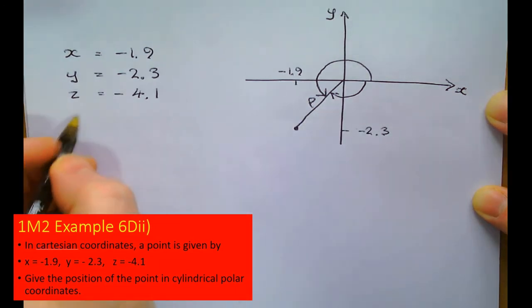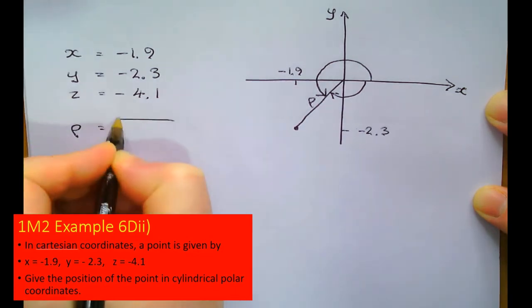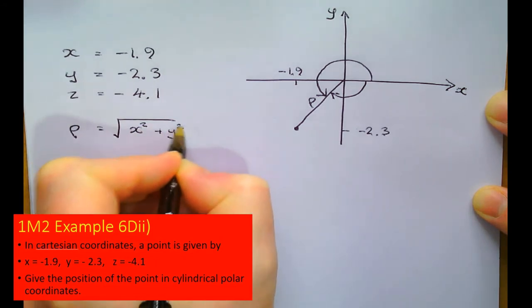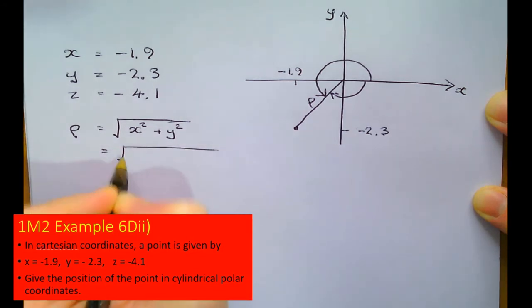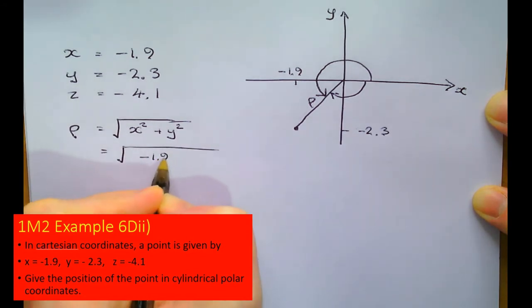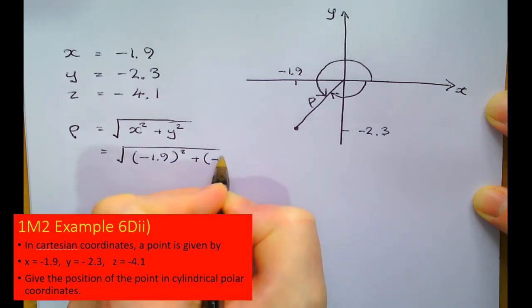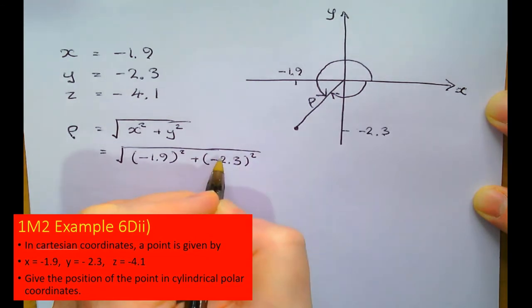But let's use the formulae. So if we said that rho was equal to the square root of x squared plus y squared. So the square root of minus 1.9 squared plus minus 2.3 squared.